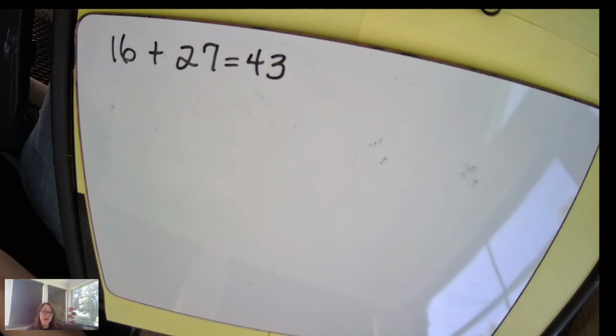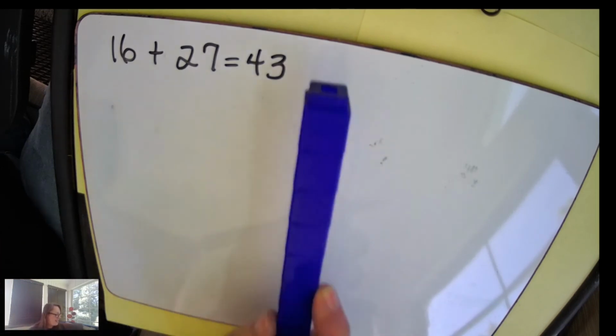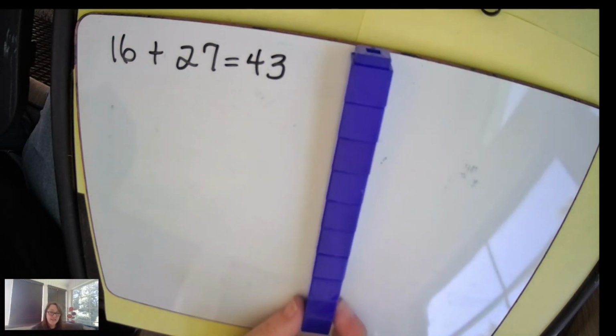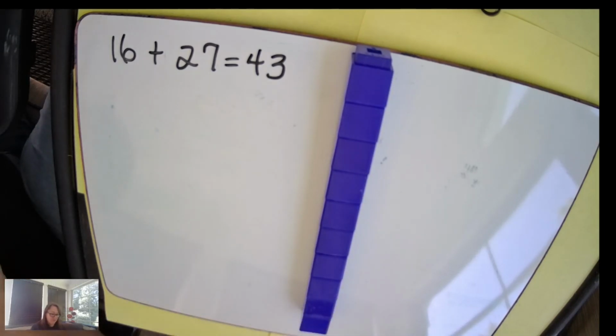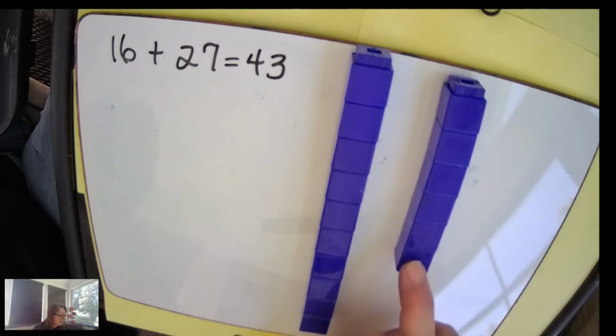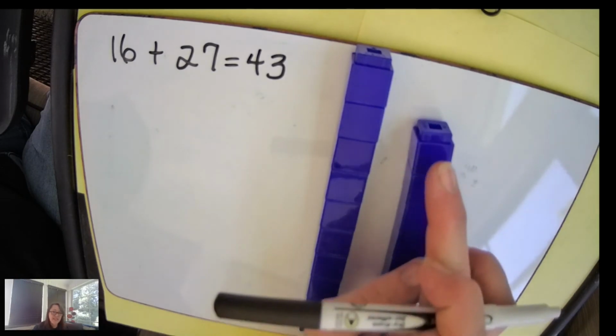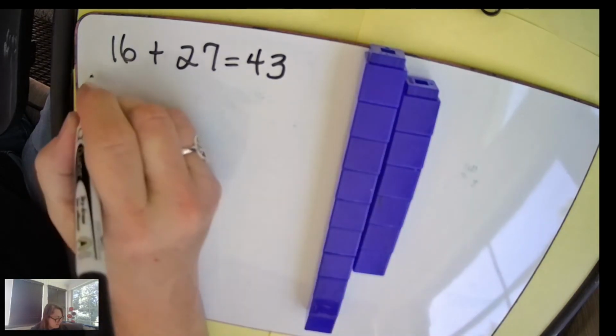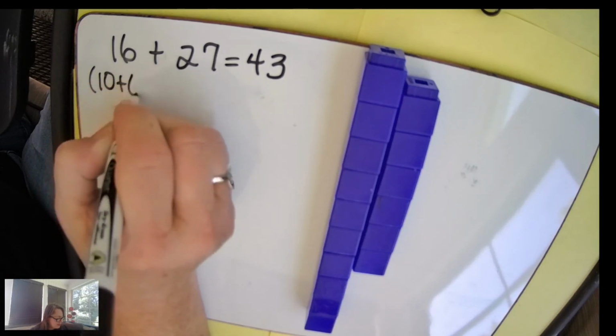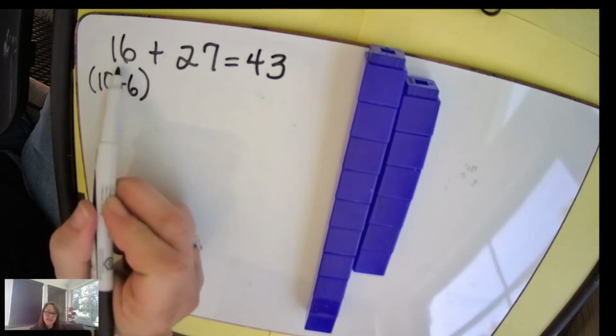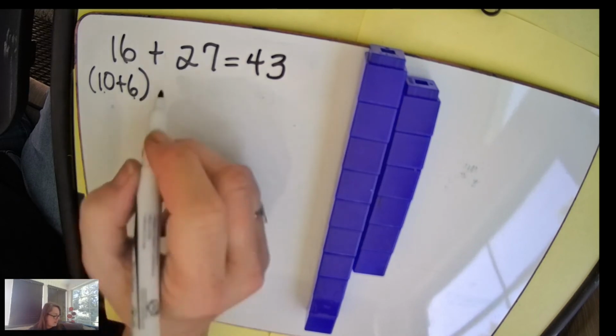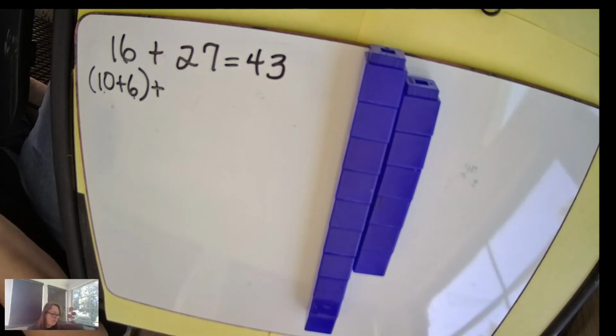So Torian says he was breaking apart each of the add-ins, but he also had to do some regrouping. So 16 is 10 and 6 ones. 10, 11, 12, 13, 14, 15, 16. Okay. This is the 16, 10, and 6. Okay, Torian, tell us more.